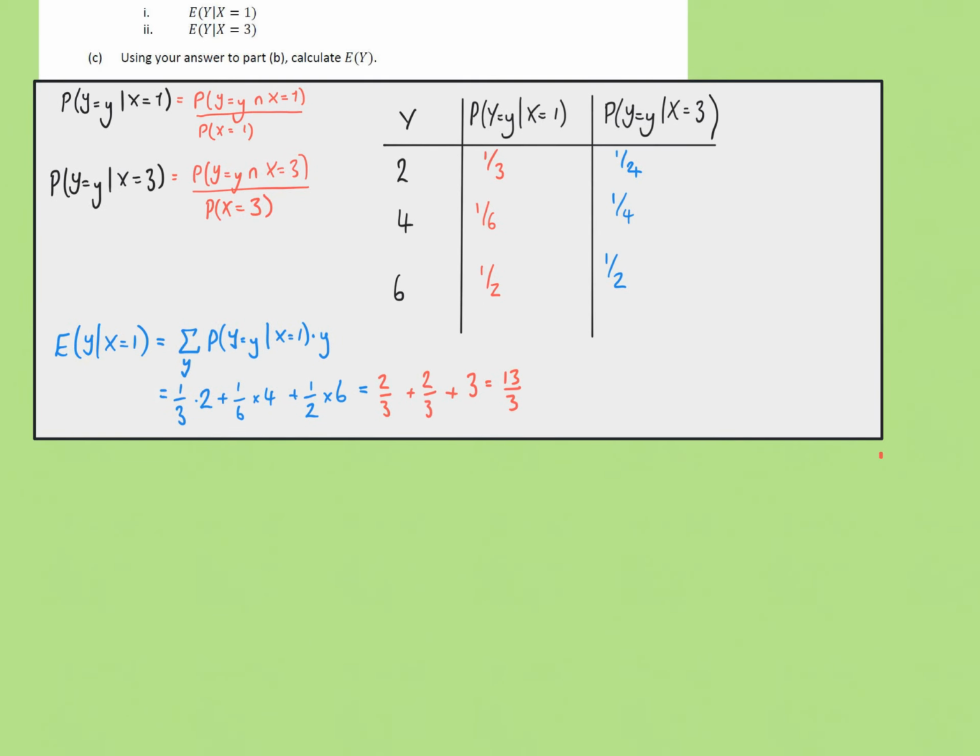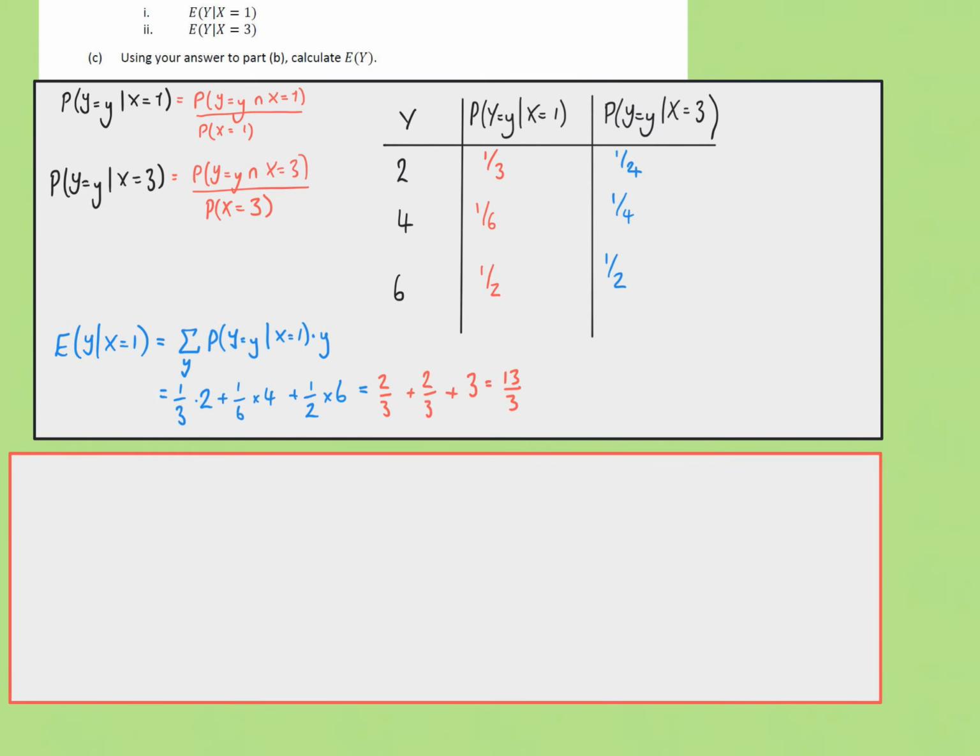Similarly, to calculate the expected value of y given x is equal to 3, we take the sum of all of the products of the conditional probabilities with each of the outcomes of y.